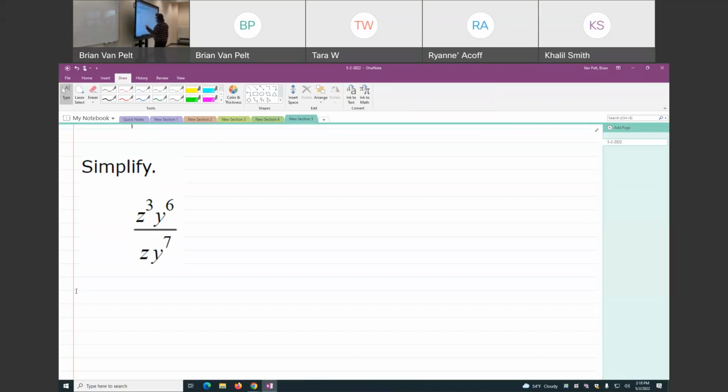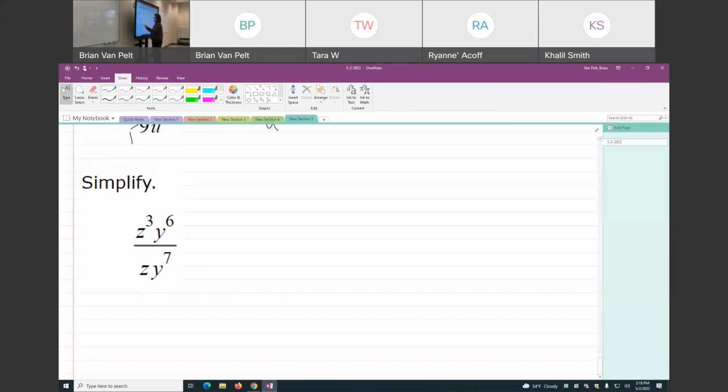So when I take out this z here, that's z to the 1 power. I can wipe that out, so I'll make 3 minus 1 up there. I can wipe out this y to the 6th, so long as I do 7 minus 6 down there. We end up with z squared in the numerator, divided by y to the 1.